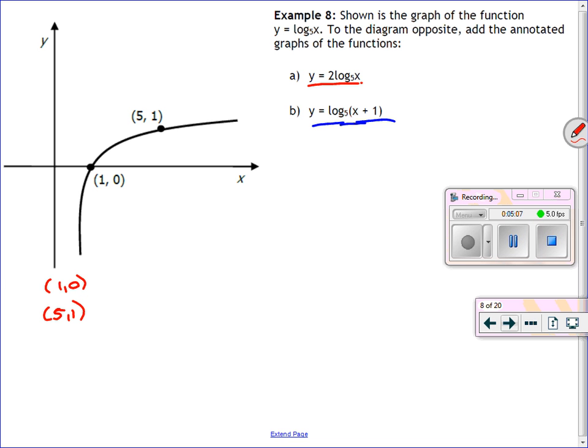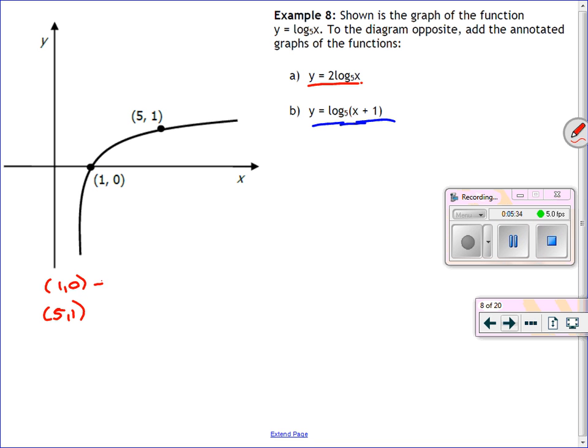So you'll notice here that to the black graph, which is log to the base 5 of x, we have a 2 multiplying that. So this is a k times f of x graph. When we multiply by a number bigger than 1, that has the effect of stretching the graph. And because it's on the outside, it affects the y's. So we're going to multiply our y values by 2 and keep the x's the same.